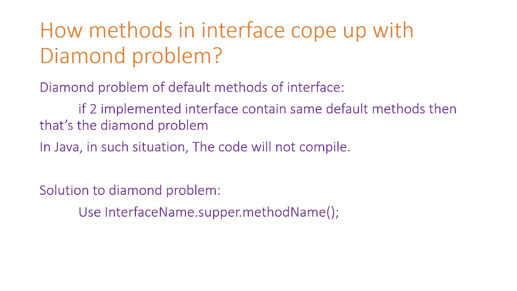What is the diamond problem? In multiple interfaces, if we have the same default method, then that is known as the diamond problem. Due to this diamond problem, in Java we don't have multiple inheritance. If two classes support the same method, and we want to extend two classes to one class, then it will be a problem.